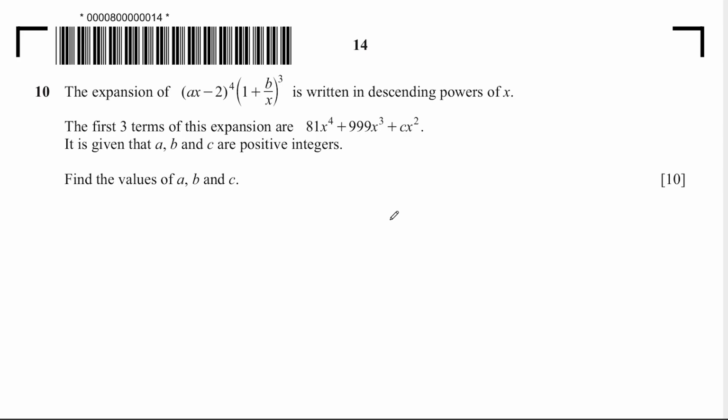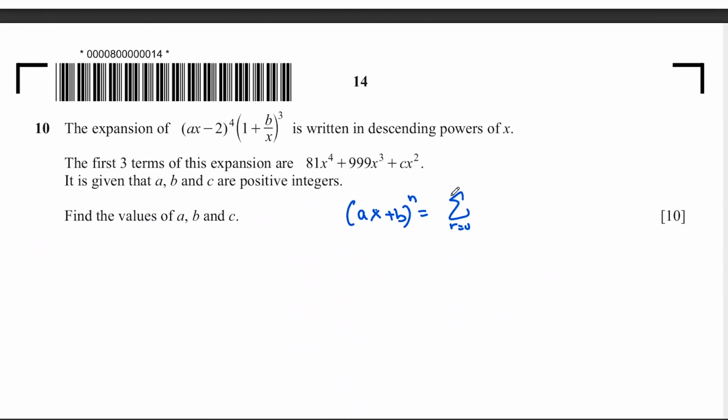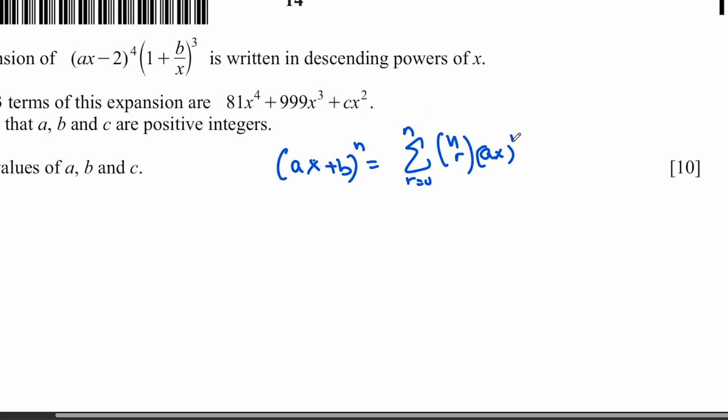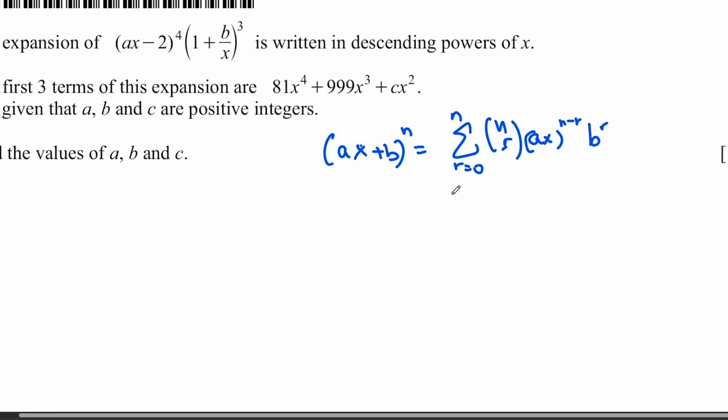So obviously, for binomial series, we're going to write down the formula first. The general formula of a binomial series will be this, where nCr is the combination. Okay, so we can slowly expand this.